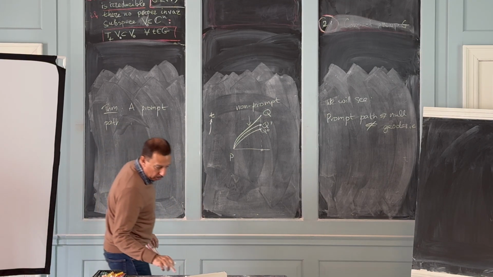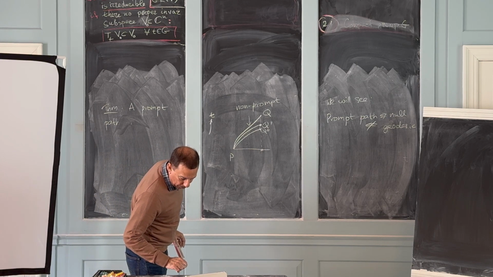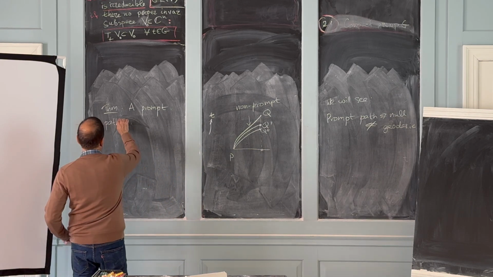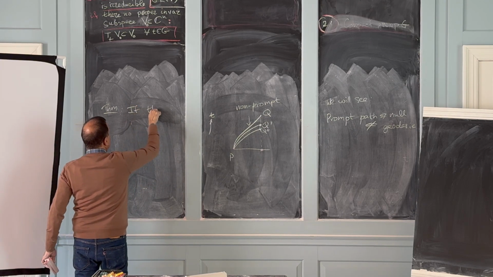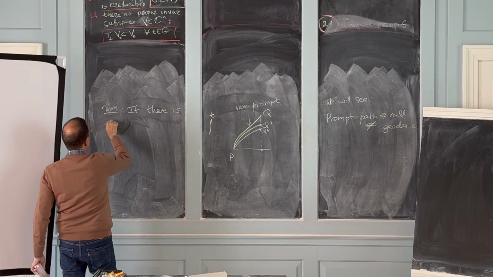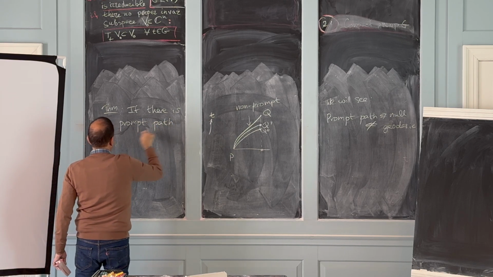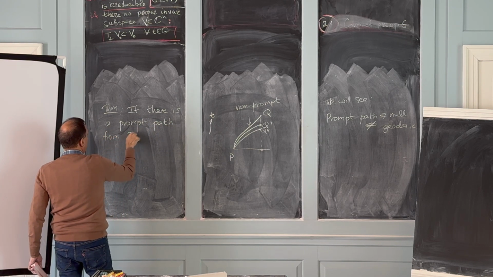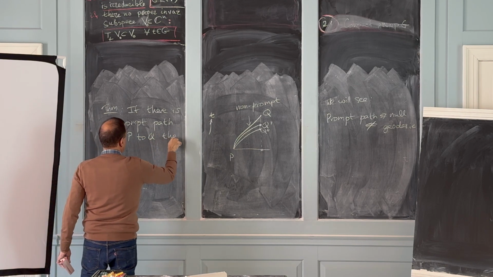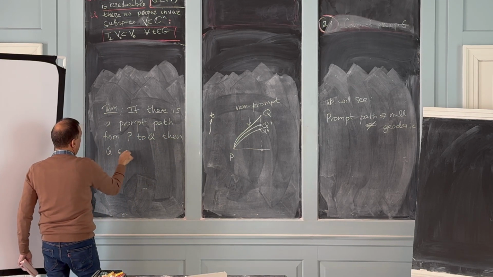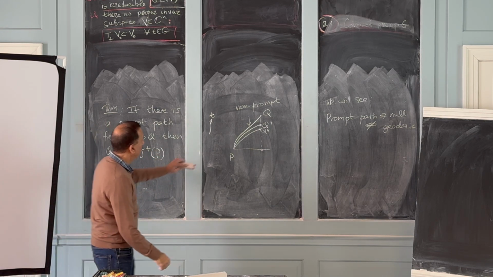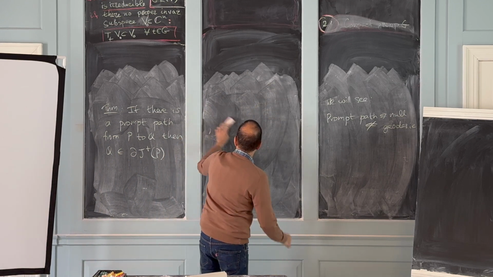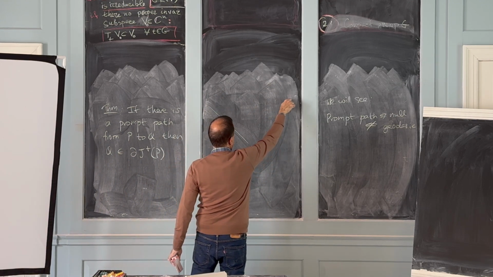Okay, a prompt path. If there is a prompt path from P to Q, then Q must lie in the boundary of the causal future of P. So I discussed causal future last time, and for Minkowski it's very easy.